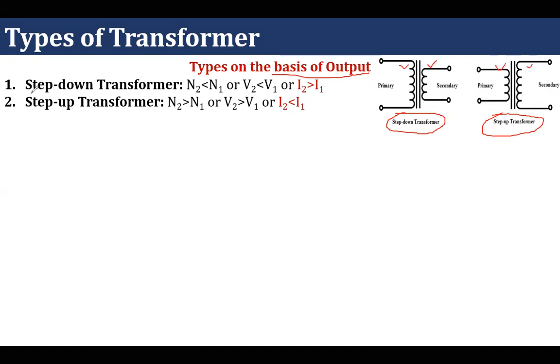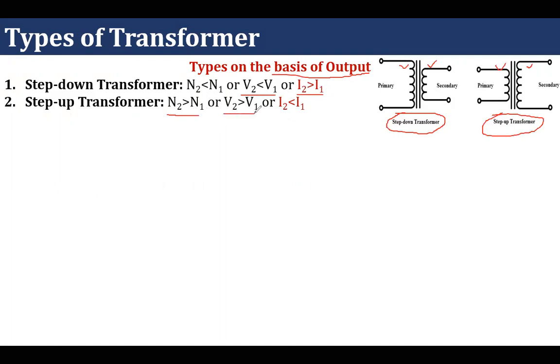And at the same time, you can conclude that in a step down transformer, secondary voltage will be less than primary voltage, and current will be just reverse. Secondary current will be greater than primary current. In a step up transformer, as I said, the number of turns in secondary will be greater than primary.